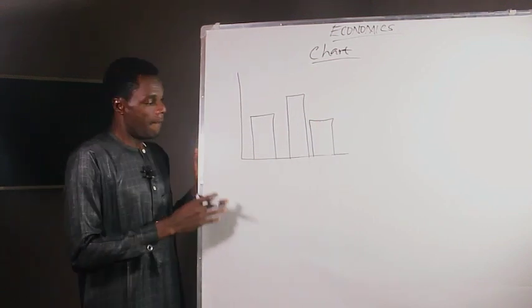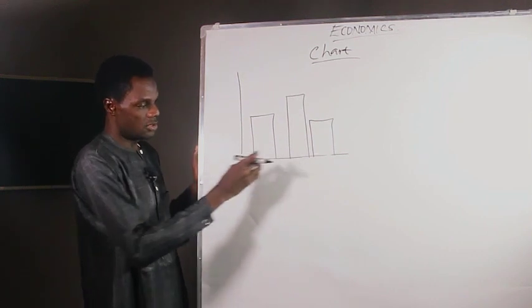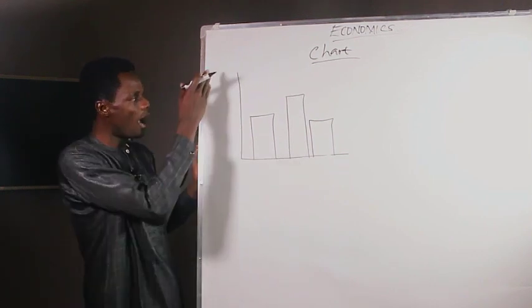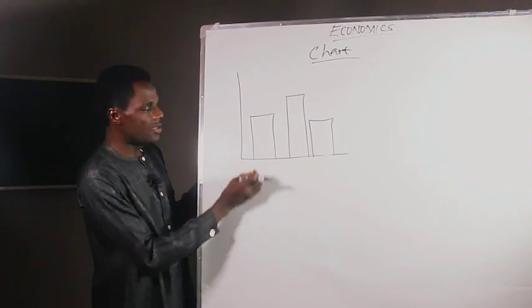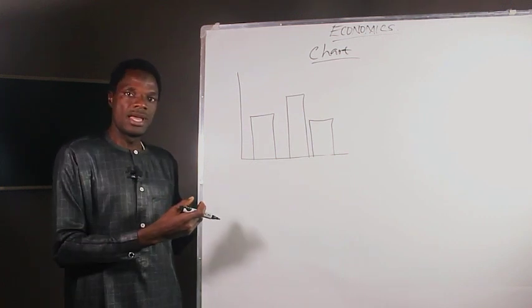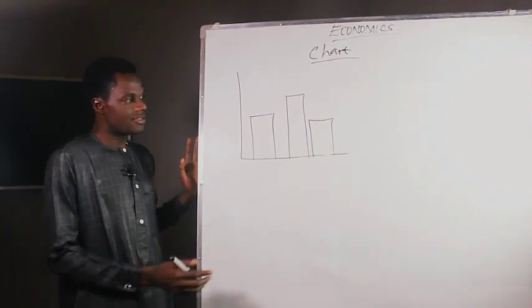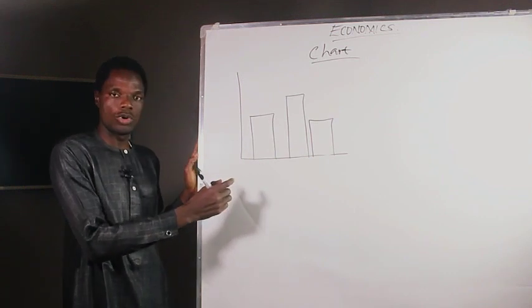As you can see, we have rectangular bars on the x-axis, and on the y-axis, we have another variable. So the length of each bar represents the value of the variable. And each rectangular bar here represents the value of a variable.